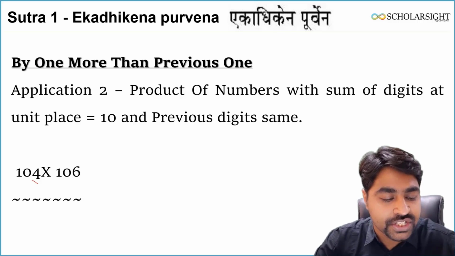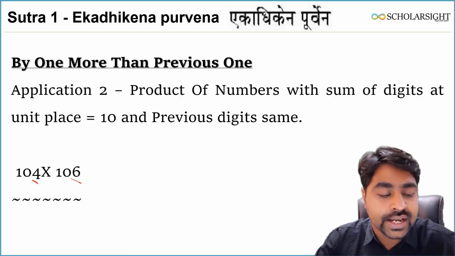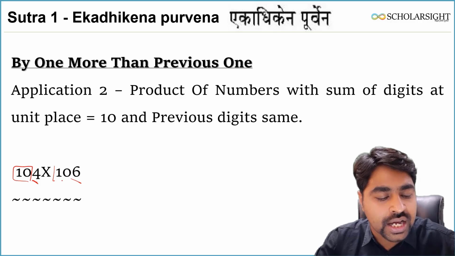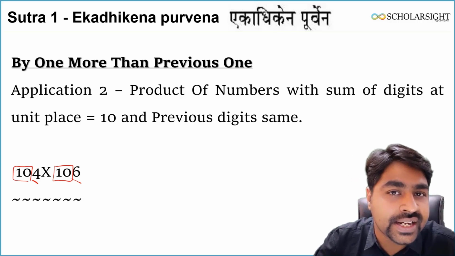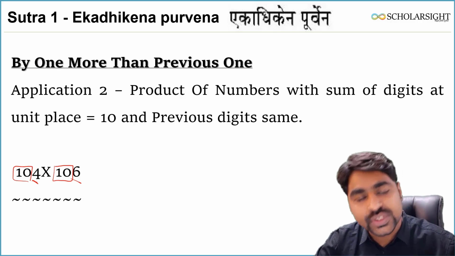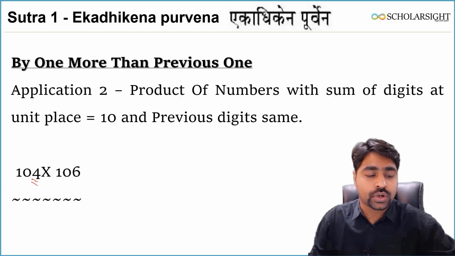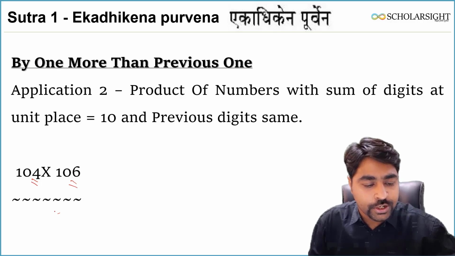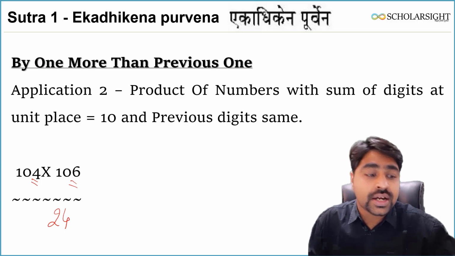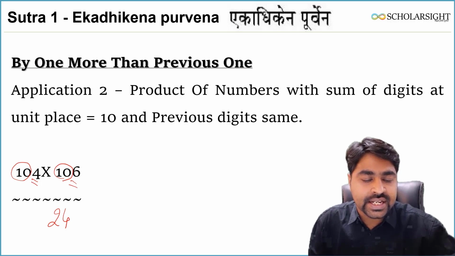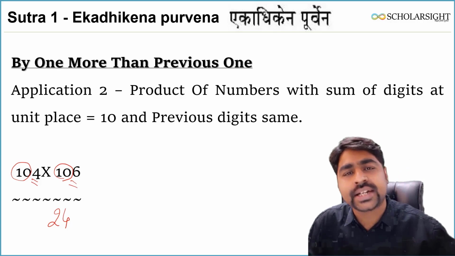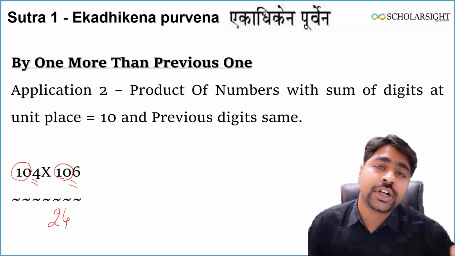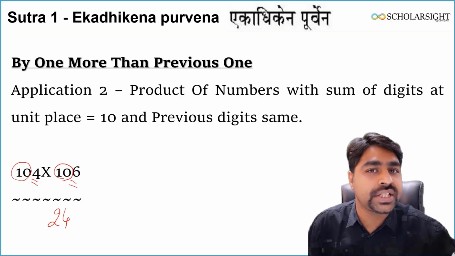So, the summation of 4 and 6 is 10, yes, and rest of the digits are same, that is 10 and 10. So, you can apply Ekadikena Purvena here as well, okay? So, 4 into 6 is going to be 24, and apart from that 10 is there in both of them, so you need to apply Ekadikena Purvena here and get the answer as simple as the 2-digit multiplication used to be, right?